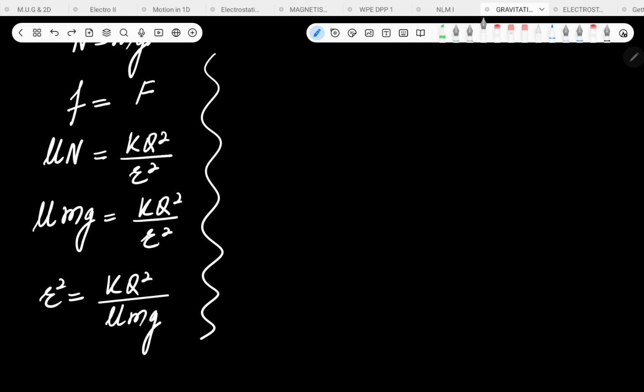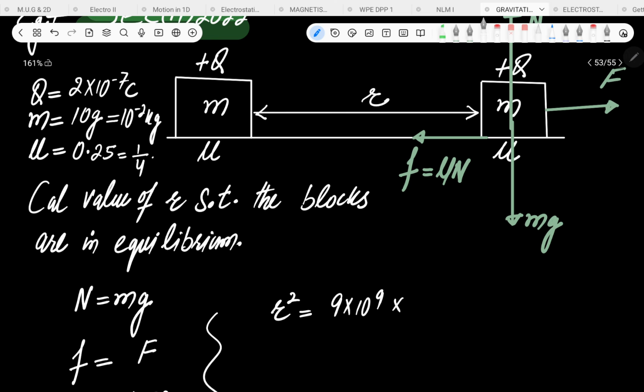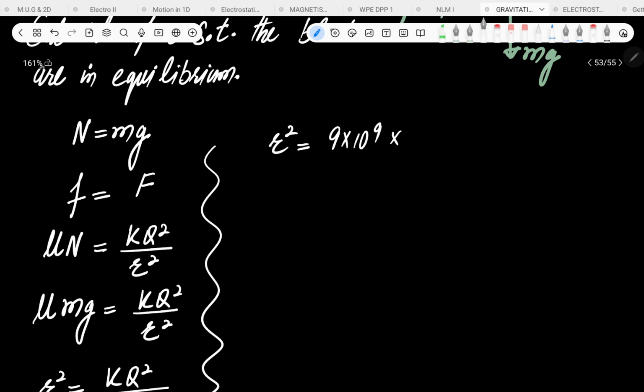Now let's substitute the values here. So r squared is equal to, what is the value of this electrostatic constant? You should know the value, that is 9 into 10 to the power 9. What about q? q is given to you in the question: 2 into 10 to the power minus 7, whole squared, because there is q squared.